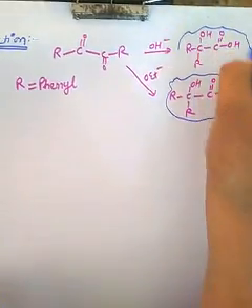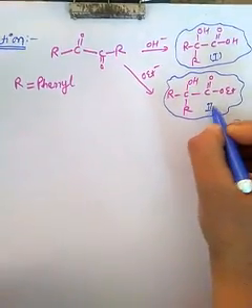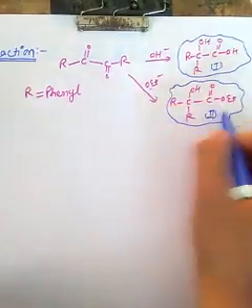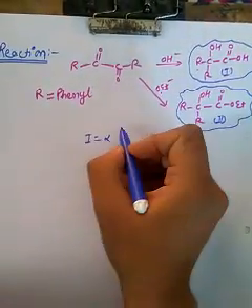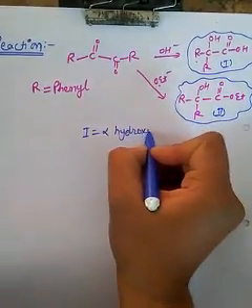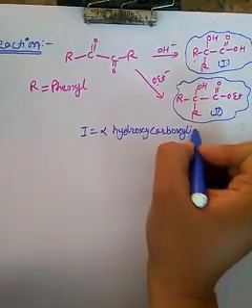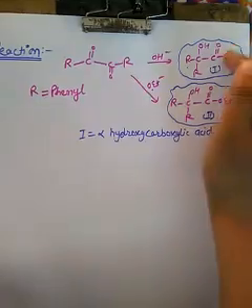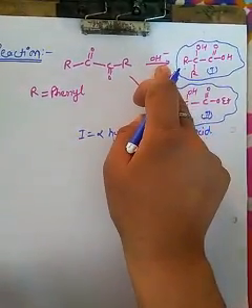Okay, this is the reaction. I will number it as 1 and 2. The first is in the presence of sodium hydroxide, and the second is in the presence of sodium ethoxide. The name of the first is alpha hydroxy carboxylic acid, which is formed if sodium hydroxide is taken as base.